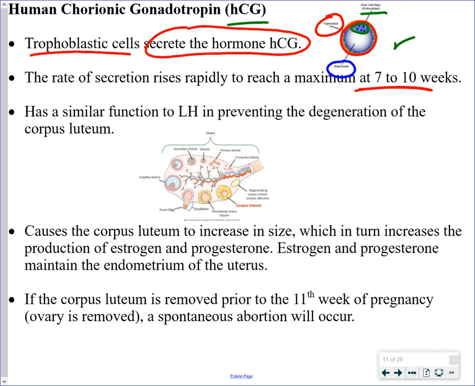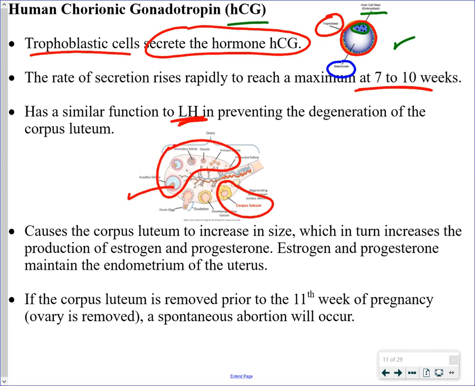What it actually does is kind of similar to the luteinizing hormone, and that is it maintains this structure right here within the ovaries, the corpus luteum. Remember that prior to the formation of the corpus luteum, we have follicular development.